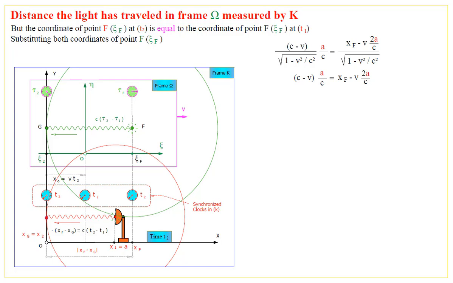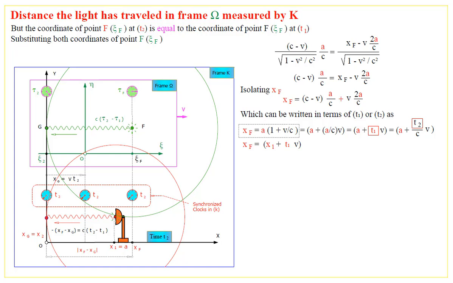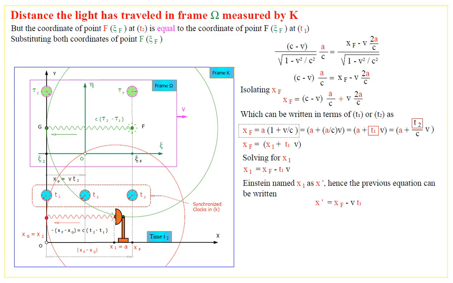Substituting both coordinates of point f, psi f. Isolating xf, which can be written in terms of t1 or t2 as. Solving for x1. Einstein named x1 as x prime, hence the previous equation can be written.